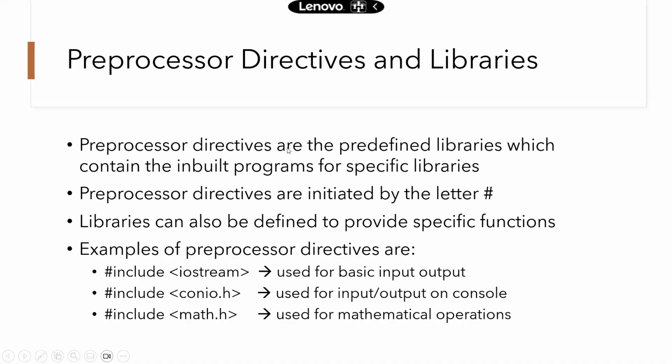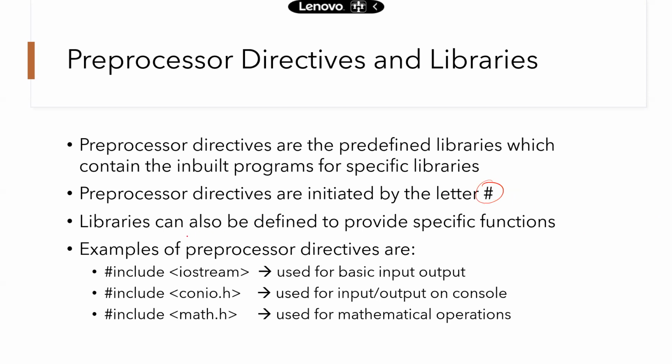The preprocessor directives are predefined libraries which contain the inbuilt programs for specific libraries. Preprocessor directives are initiated by the hash symbol. So it is important that we put this hash before we include any of the preprocessor directives.